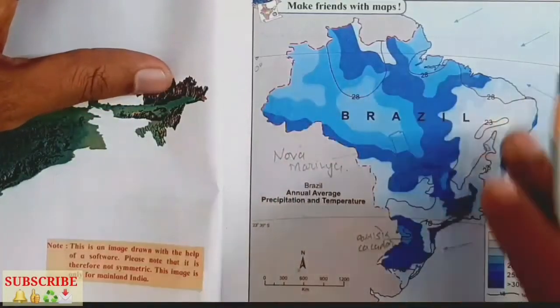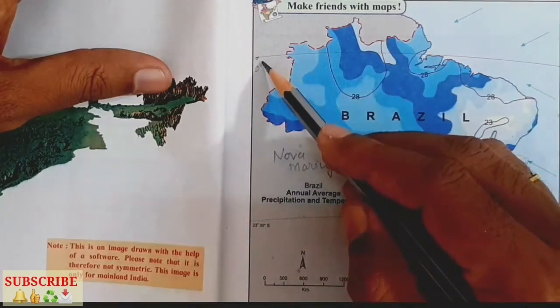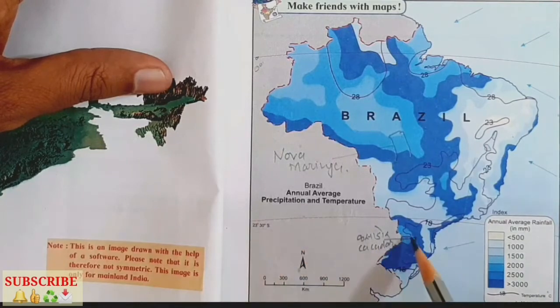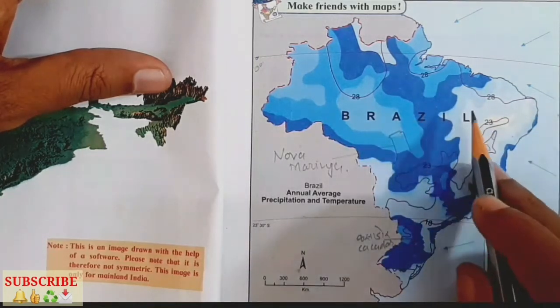Here we find the hottest temperature, in this region between the equator and 23 degree 30 minutes south, the Tropic of Capricorn. It means that a major part of Brazil is located in the tropical zone.